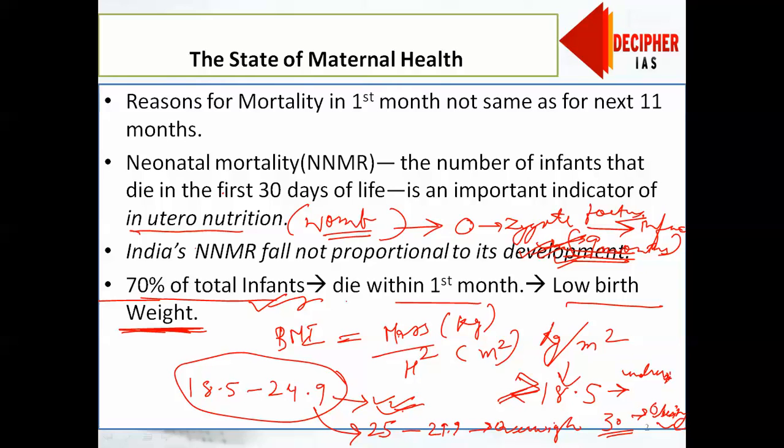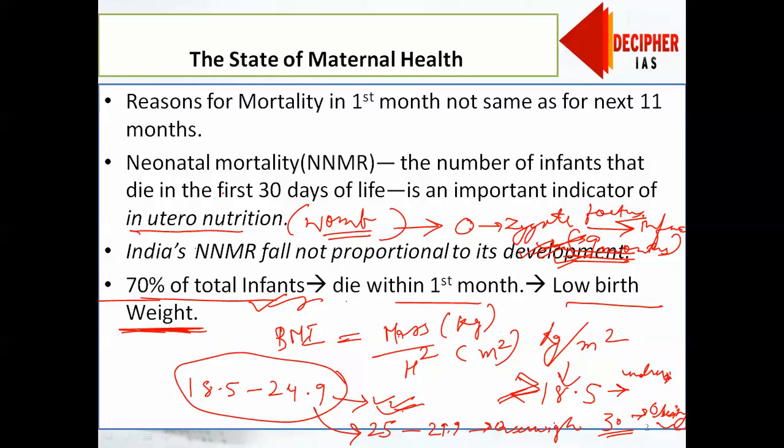So babies with low birth weight are more prone to dying in the first few days of life. As I've already told you, 70% of total infant deaths are in the first month, due to low birth weight.